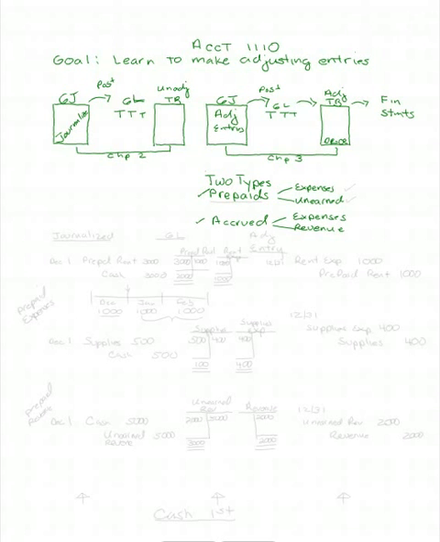In my example, I am going to show you how you would have journalized the transaction originally and what it looks like in its general ledger form in its T accounts, and then make the adjusting entry for the above items.